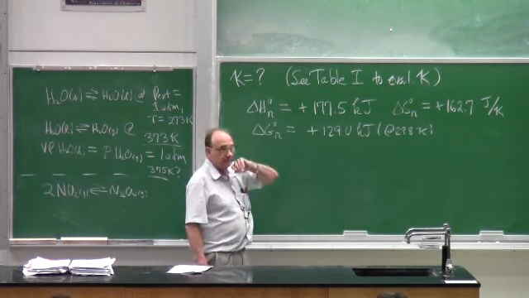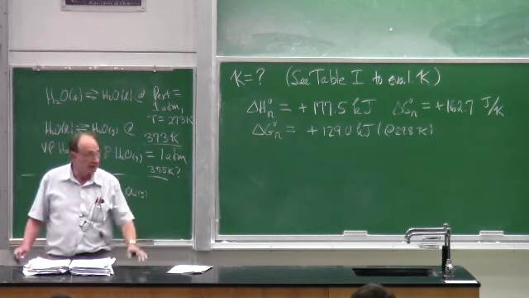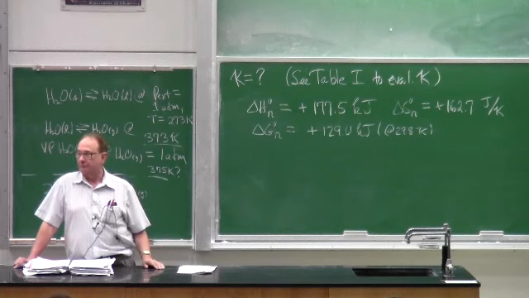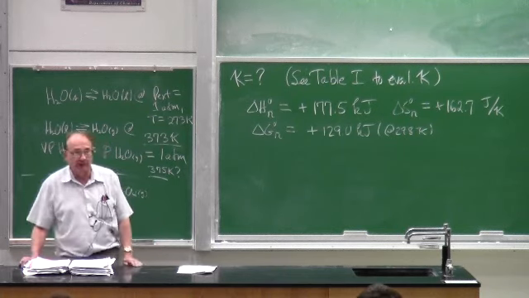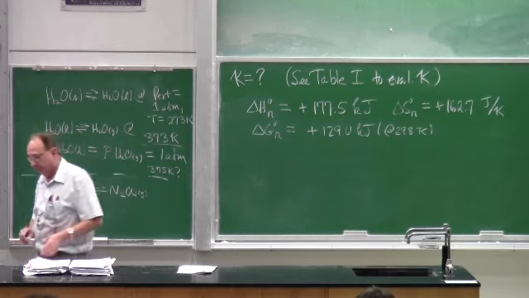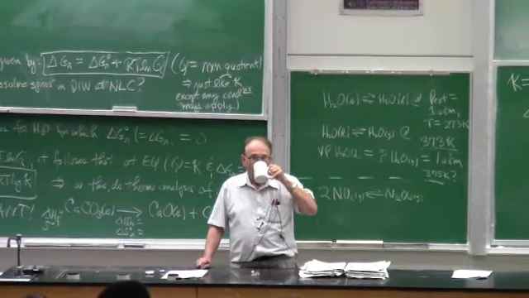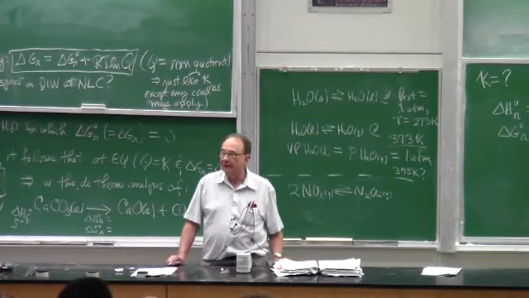Now then, K. Before we evaluate K, because now we have what we need to evaluate K. What is K? Write K for this transformation. Write it on your paper right now. Do you remember that?